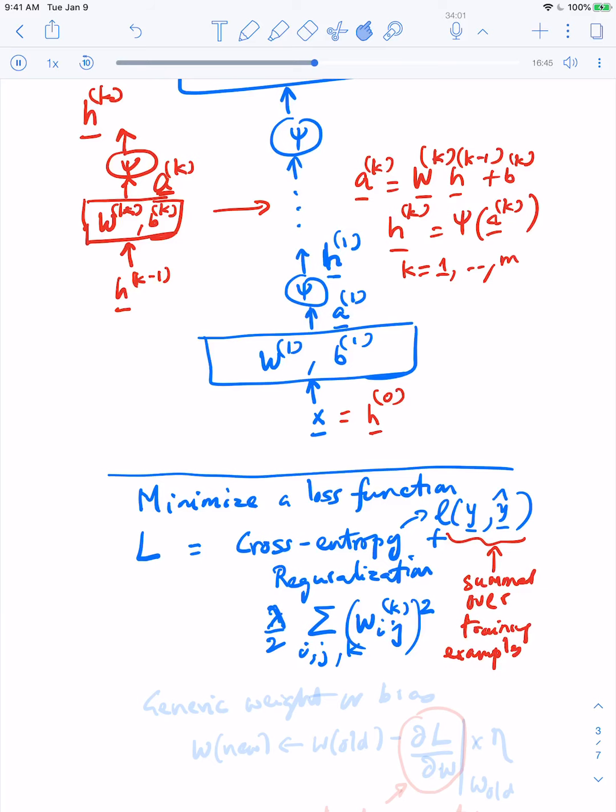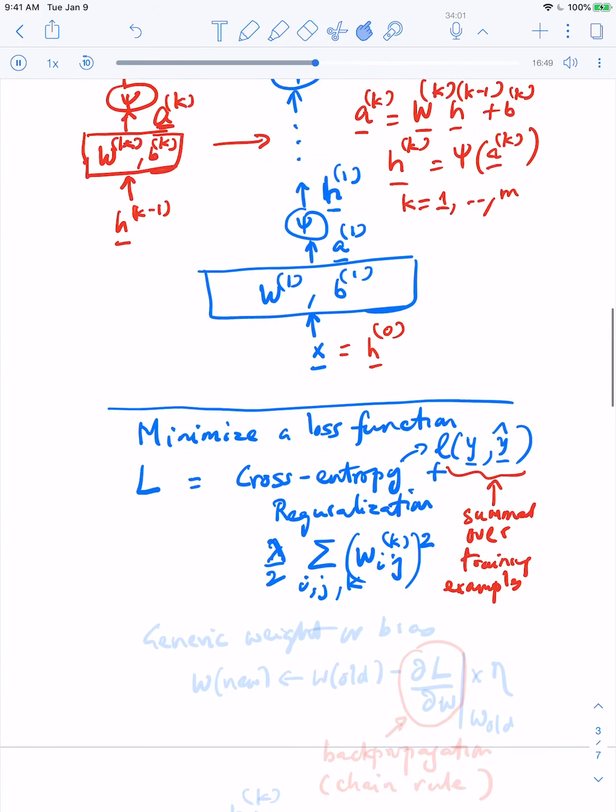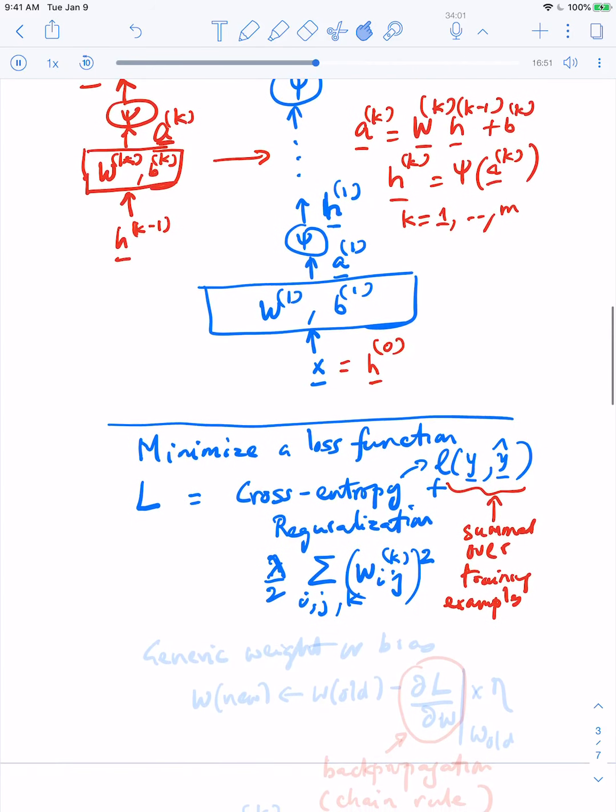So how did we deal with it? For logistic regression, we used the Newton method that used both the gradient and the Hessian of the loss function with respect to the weights, and that converges rather quickly. When you're talking about a very large network with a very large number of weights, computing the Hessian is out of the question, so you simply use gradient descent.